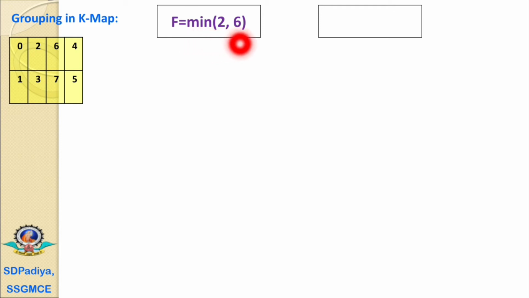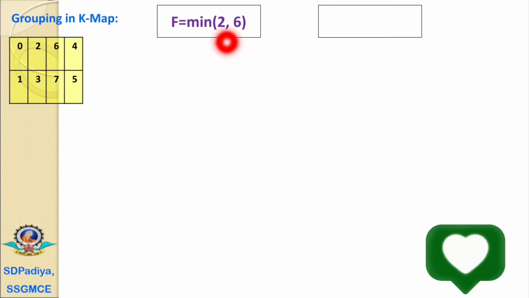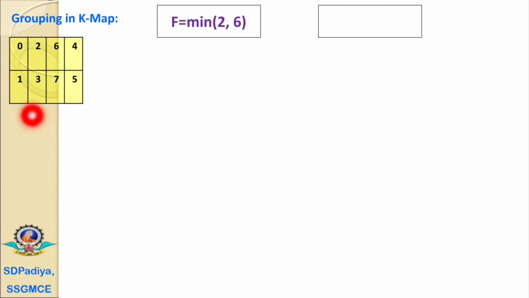At the time of the construction of the K-map, we already covered that if we have 3 variables, then there will be 8 unique combinations, that is 0 to 7, and the construction for the 8-cell K-map is as follows. We have to remember these designations, that is 0 1 for the first column, 2 3, then 6 7 and 4 5. Without knowing these designations of the K-map, it is not possible to simplify the expression.